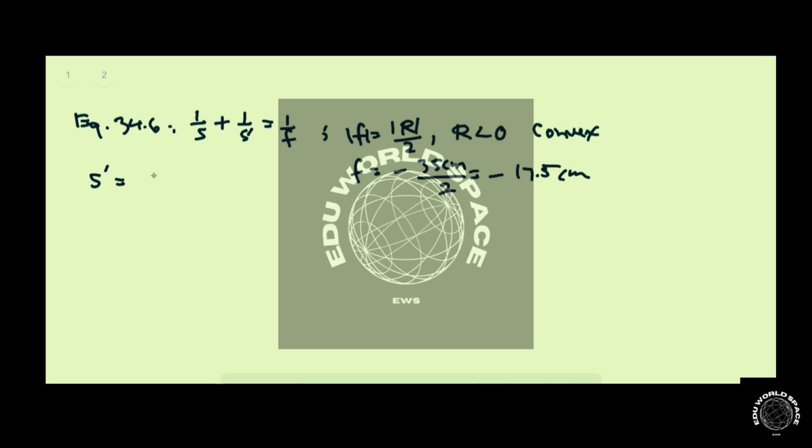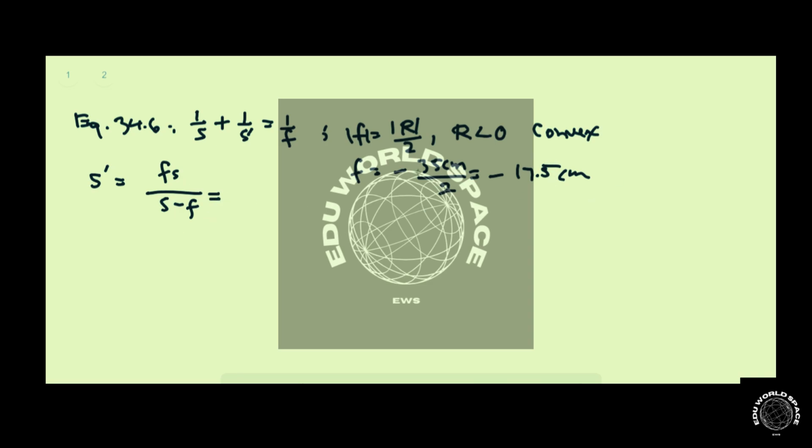So we have s prime is equal to fs over s minus f. And we were given the numbers for all these things.